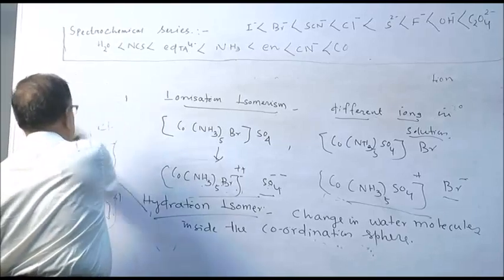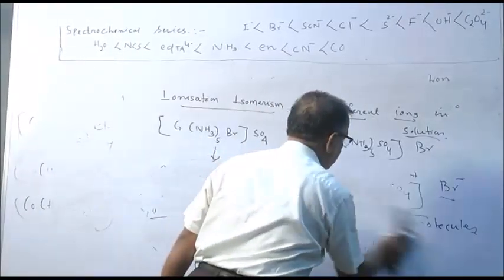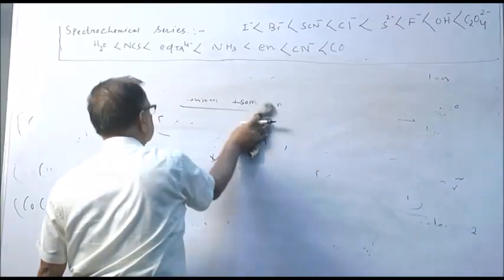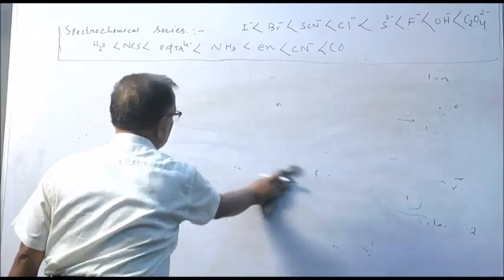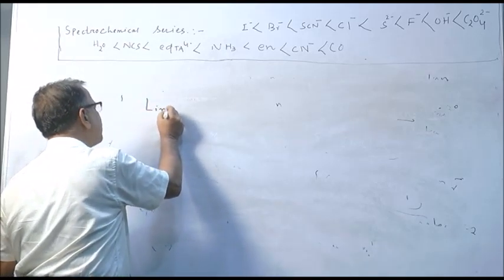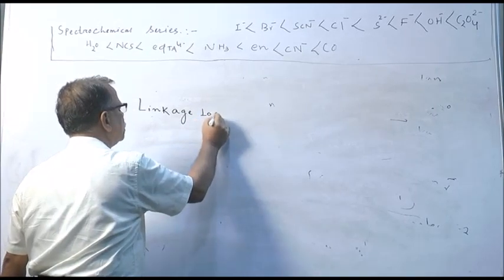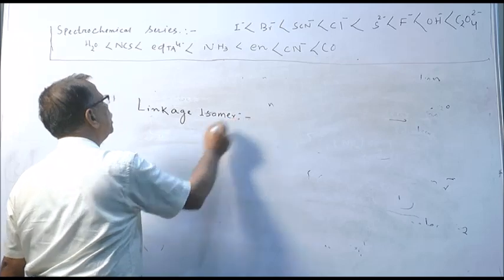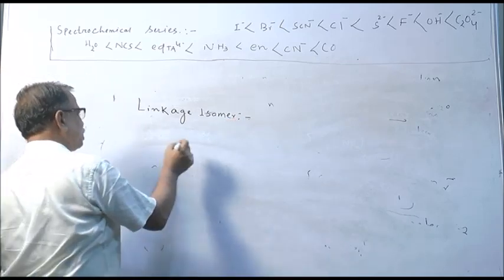Third is linkage isomer. Linkage isomerism occurs for ligands having two donor sites, called ambidentate ligands.